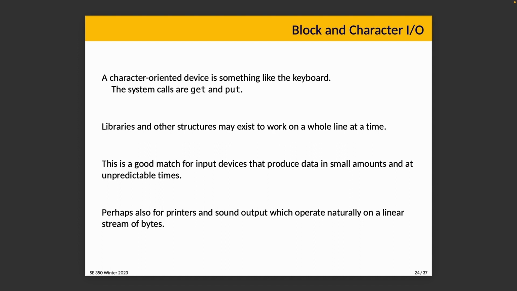In any application, you probably don't work with get and put directly if you can help it. There's just so much overhead from doing that, right? So libraries and tools allow you to build on this to work on, say, a whole line at a time. If you want anything other than terrible performance, maybe you need a buffer for that.